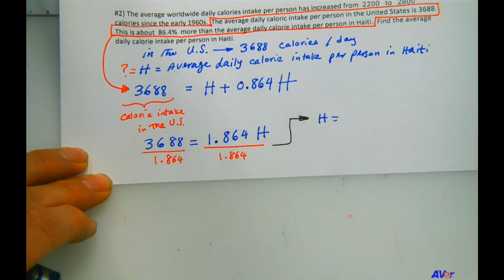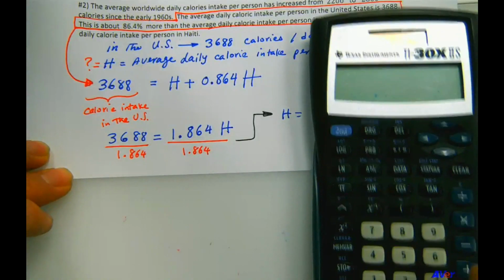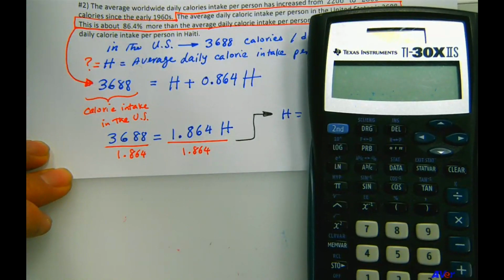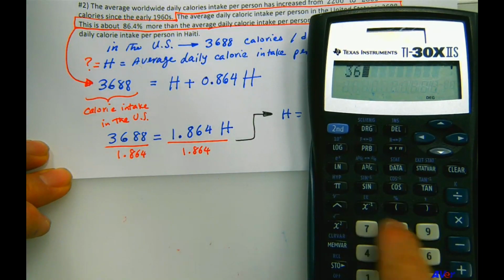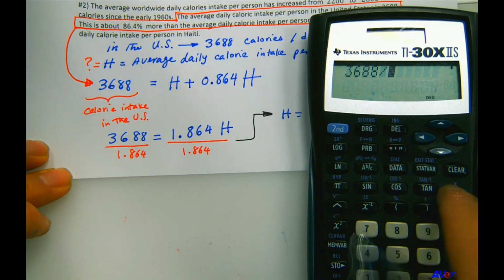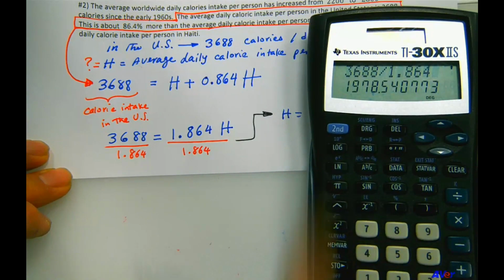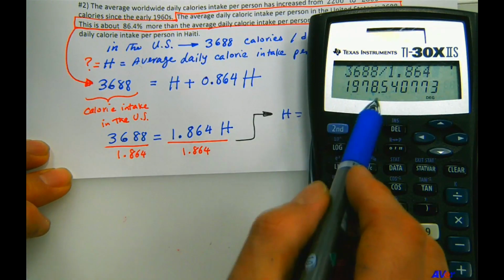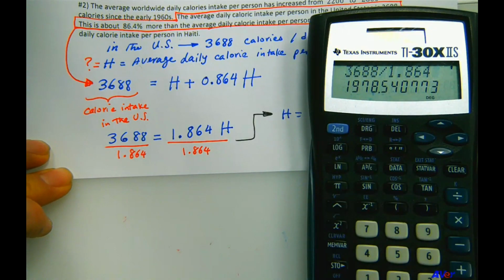So let's calculate that. We have H equals 3,688 divided by 1.864. What do we have? We have that much. So maybe we want to round that to one decimal value. It would make sense, right?